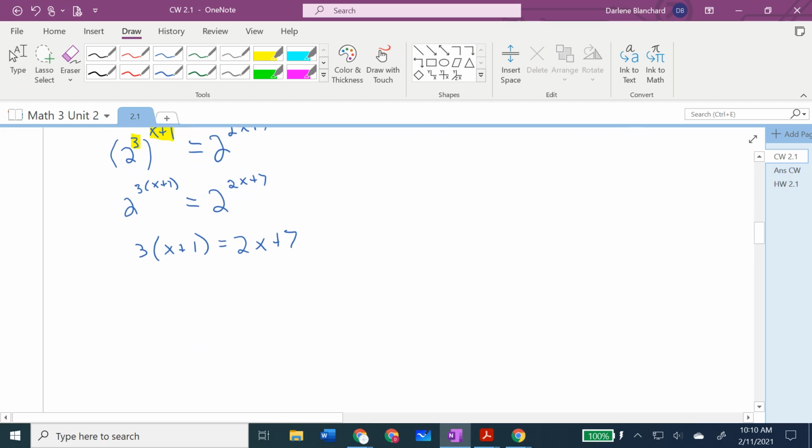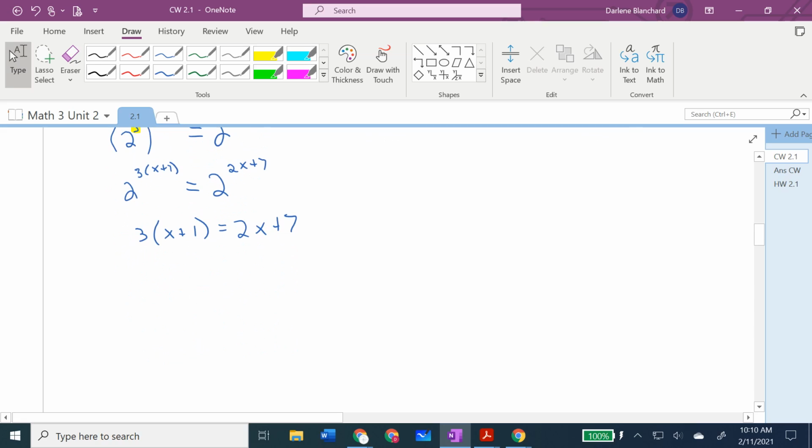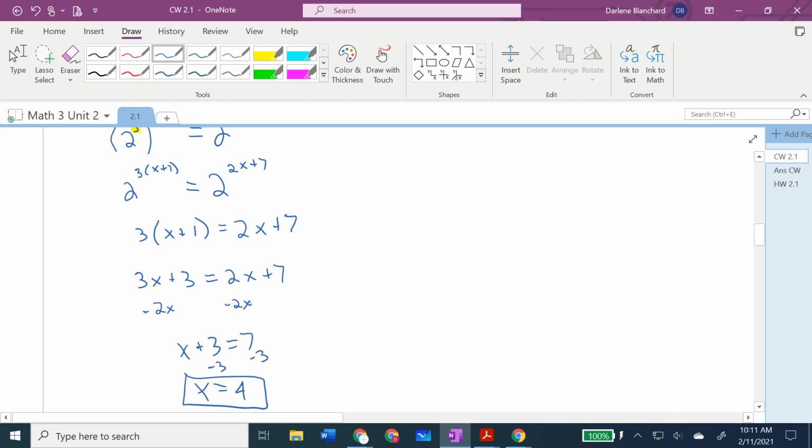And at that point, you can solve the way you know how to solve. I'll distribute the multiplication of 3 over the addition. And then I will subtract 2x from both sides, and subtract 3 from both sides. And we've got a solution.